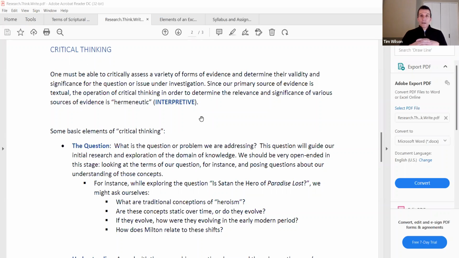Okay. And for our purposes, the primary source of evidence is textual. So our method of thinking and assessment is basically interpretive. So it's a hermeneutic, a fancy word for interpretive.